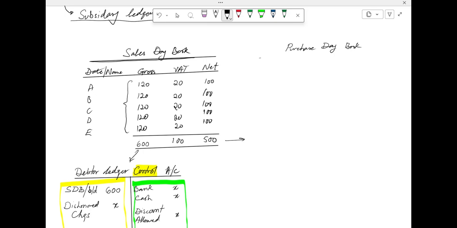And a purchase day book is a list of all the purchases I had from my suppliers. So date, name of the supplier, gross, and the net, and the VAT and the net amount. So F, G, H, I, J. So these are my suppliers.